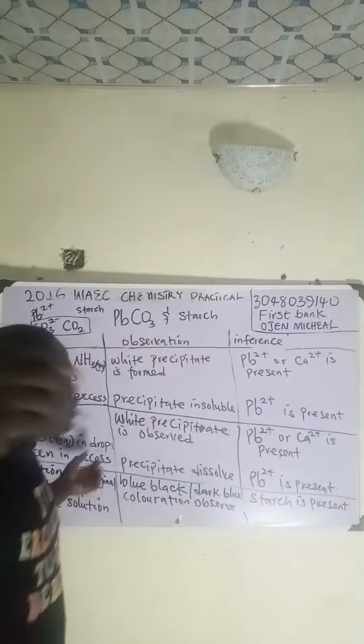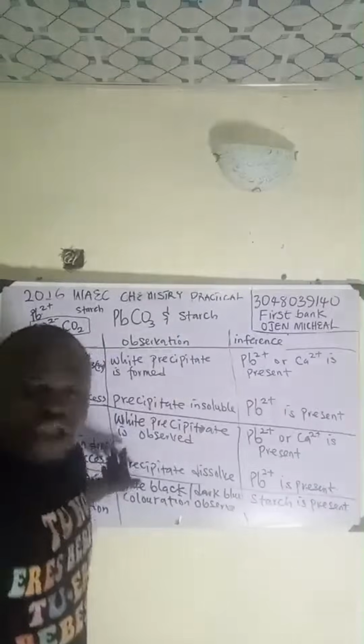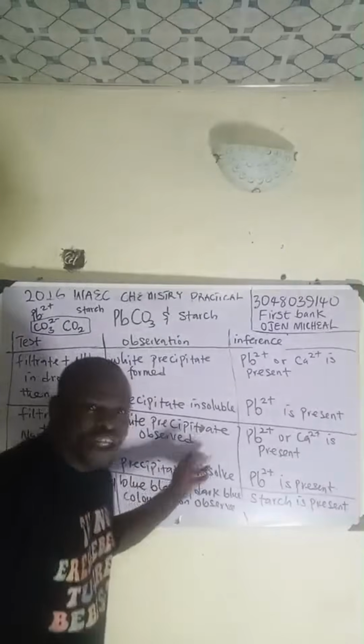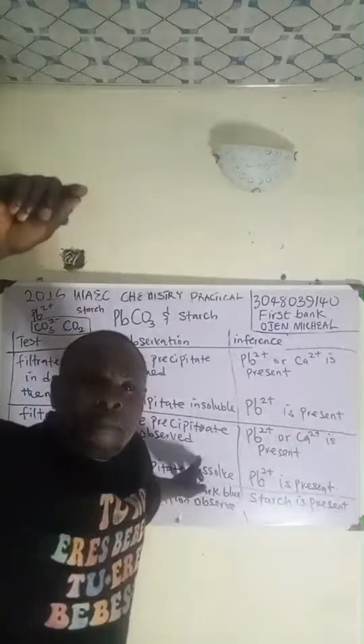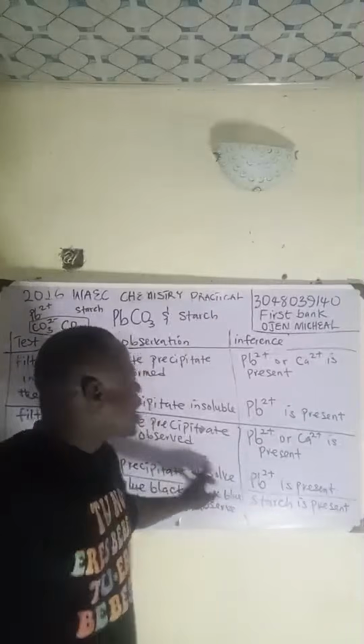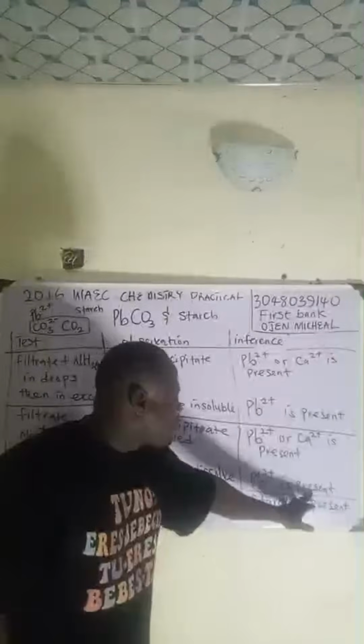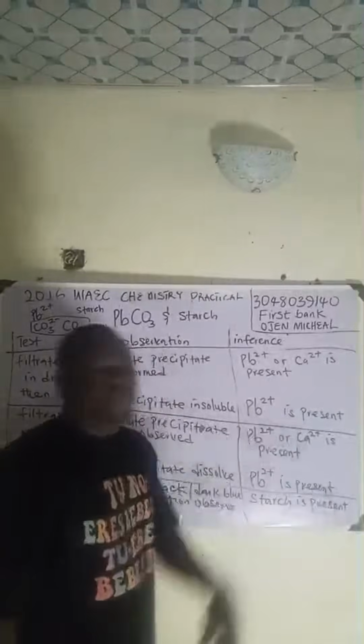But in case you encounter it, if they say you should add potassium iodide, in your observation you are going to see a bright yellow precipitate. Observe, bright yellow precipitate. And in your inference here, you say lead 2 ion confirmed. Instead of writing present, you say confirmed.